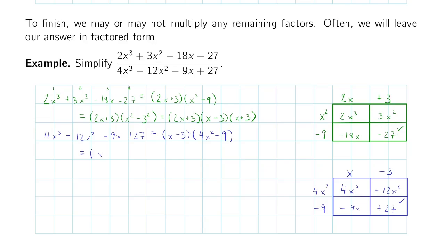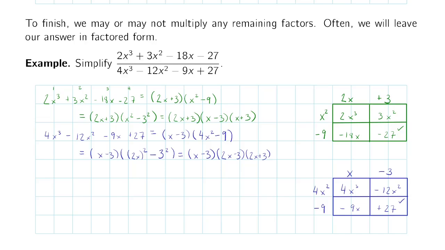And in fact, it is. 4x^2, that's (2x) squared. 9 is 3 squared. And so I've got my x - 3, and then (2x)^2 - 3^2 factors as (2x - 3)(2x + 3). Okay, now I've factored my numerator and denominator.